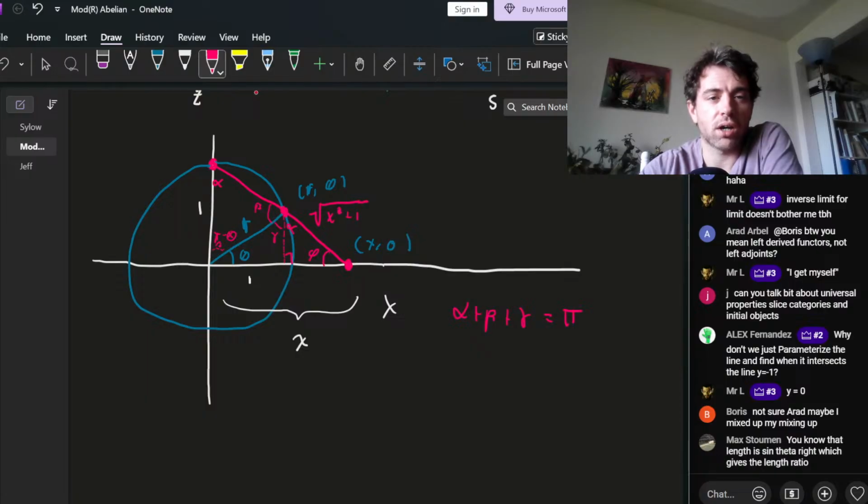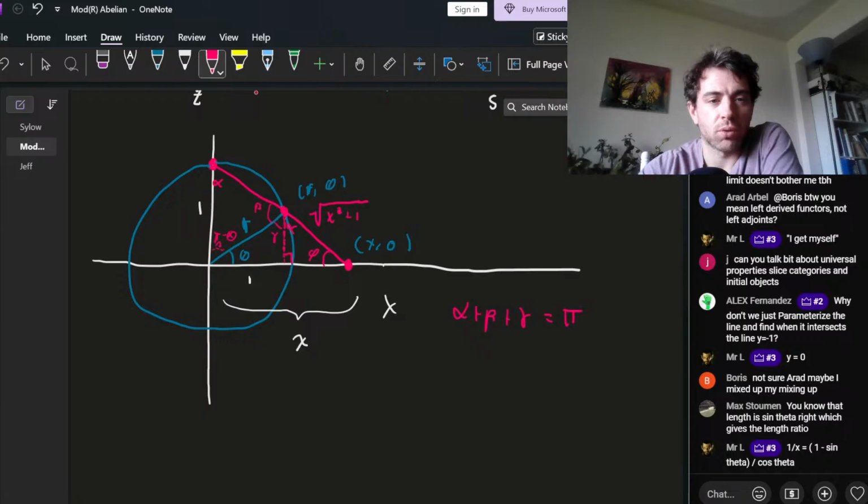Right, so yes, that's what it is. If I wanted to get the y coordinate of this point, what do I know? So I can use some of the ratios here.